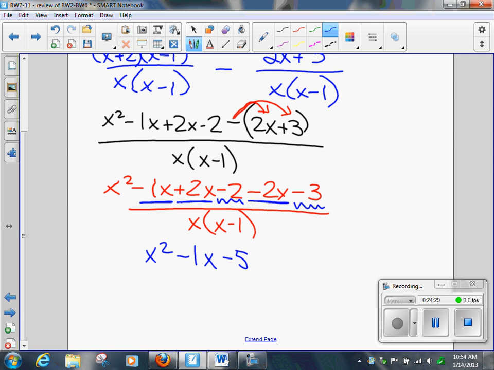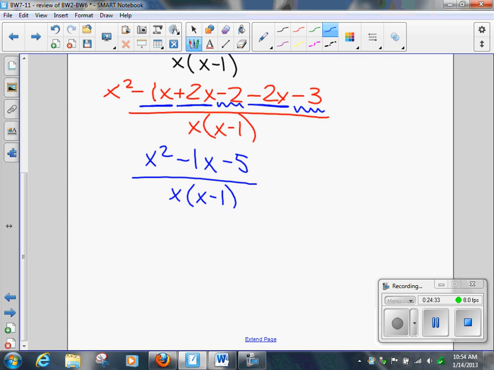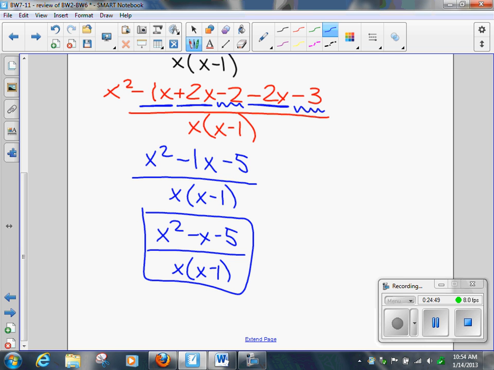Minus 5. Okay. Negative 1, positive 1, negative 1. Back to negative 1, right? And then just to clean it up, I don't care if you'd left it like that. But I think this is what I wrote on the board earlier.